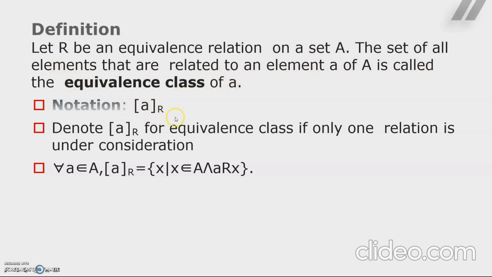Notation by this. Denote this for the equivalence class if only one relation is under consideration. For all a belonging to A, the equivalence class of a is equal to the set of x such that x belongs to A and (a,x) belongs to R.